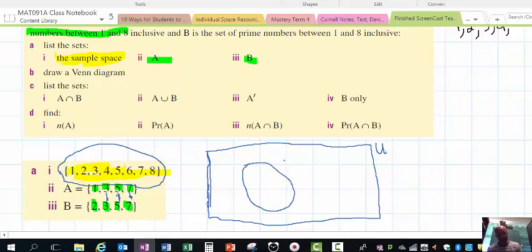So we've got 2 circles, and basically how many things are in the intersection? 3, 5 and 7 are, so there's 3 things there. How many things are in A and not in the intersection?